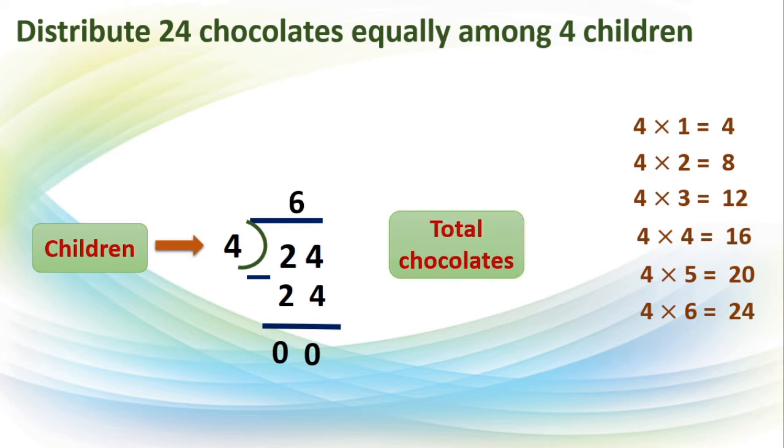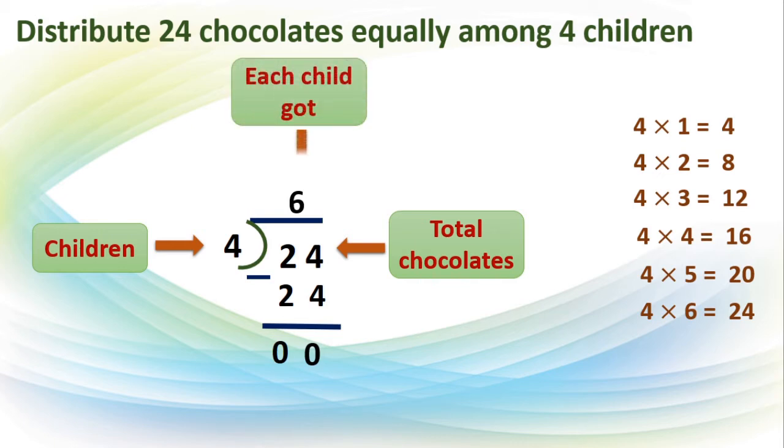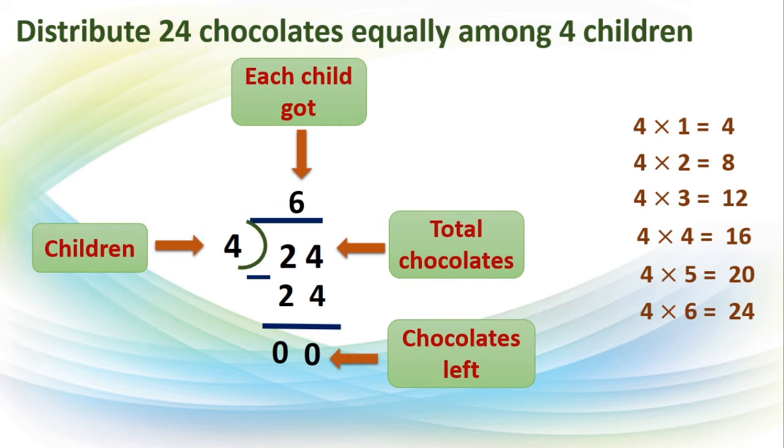Okay, how many chocolates were there? Total chocolates there were 24. Now, here we have divided 24 chocolates equally among 4 children, right? And each child got 6 chocolates, right? Okay, how many chocolates remained? 0. Okay, this we came to know.